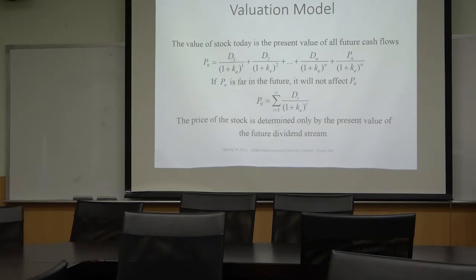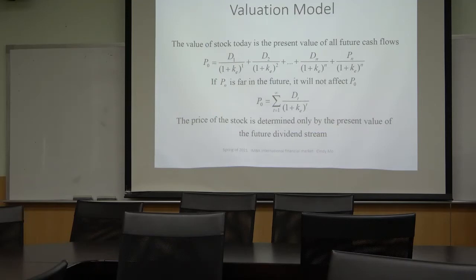But if PN is very far in the future, it might not affect the current price of the stock, so we might pay less attention to that. Then the generalized dividend valuation model becomes this way.